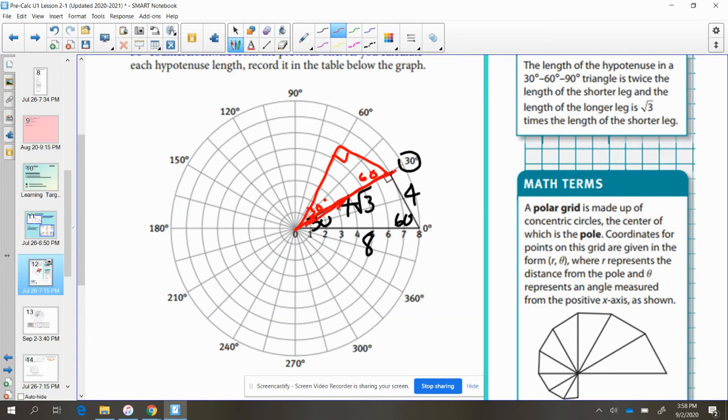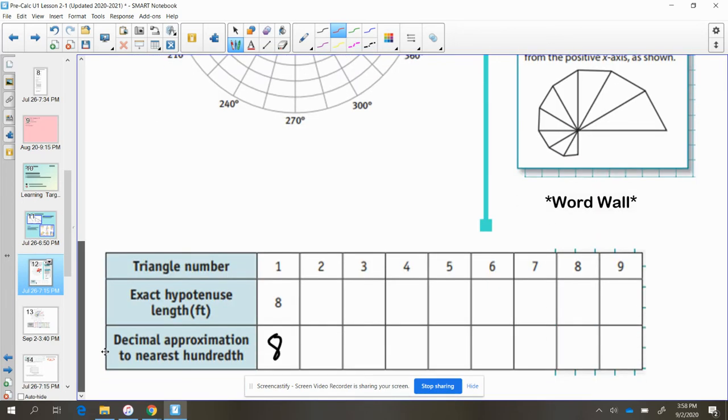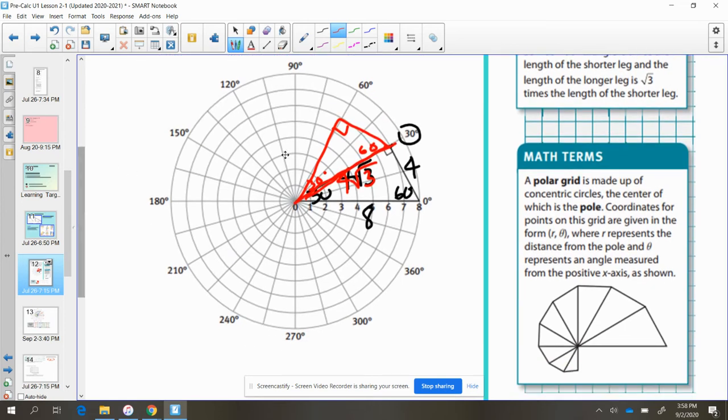This time that means the hypotenuse is the length of the former longer leg, so 4 square root 3, okay? And you're going to want to take the decimal approximation of that in your calculator as well, which I believe is about 6.93, okay? Well, same principle applies.